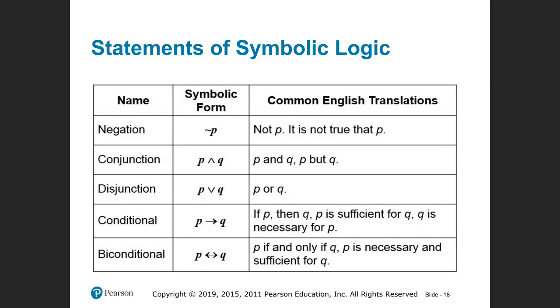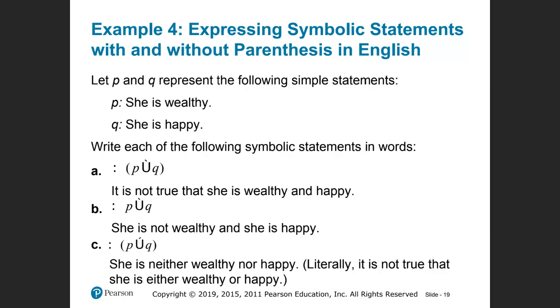P and Q, P but Q. Disjunction, P or Q. Conditional, if P, then Q. P is sufficient for Q, Q is necessary for P. Biconditional, which we just looked at. P if and only if Q, P is necessary and sufficient for Q.